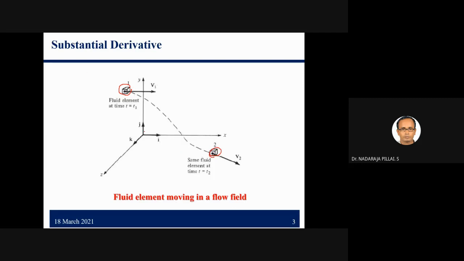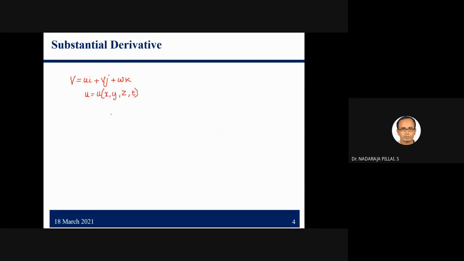You see the x, y and z, represented by ijk vectors, and the times t1 and t2. So u can be represented as u of x, y, z and t. Similarly, v can be written as v of x, y, z, t, and w can be written as w of x, y, z, t.